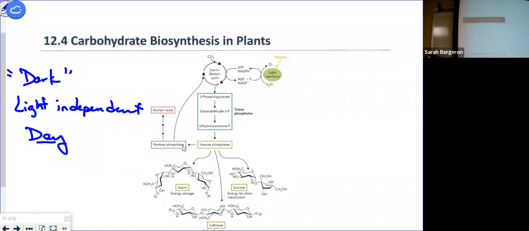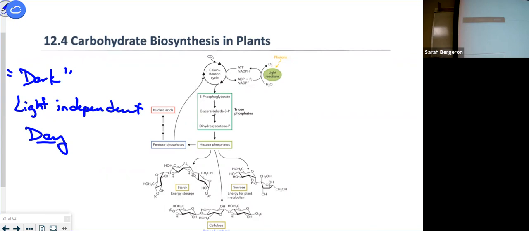Oxaloacetate. So in that similar way, we're going to have a pentose sugar that is going to come in and act as a substrate in the very beginning of the Calvin-Benson cycle. So you actually need to have a sugar there to make more sugars. You can't start from nothing, okay?